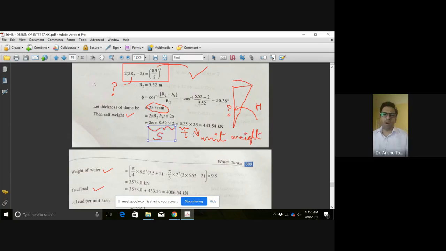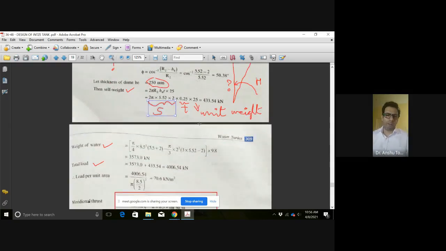When you multiply all these three things, you will get one concentrated load due to the self weight of the dome.